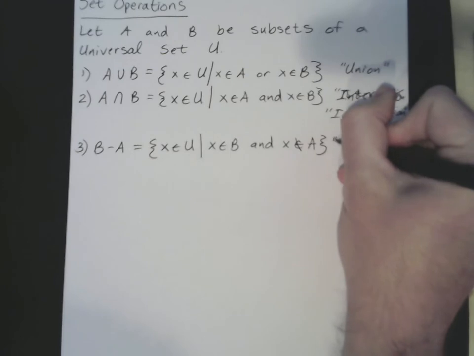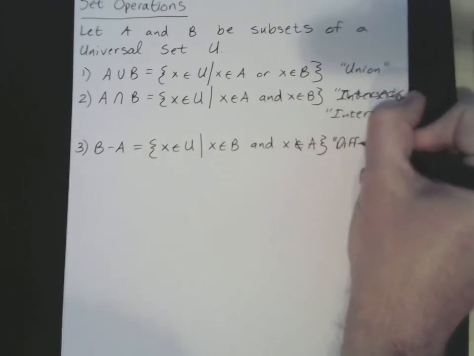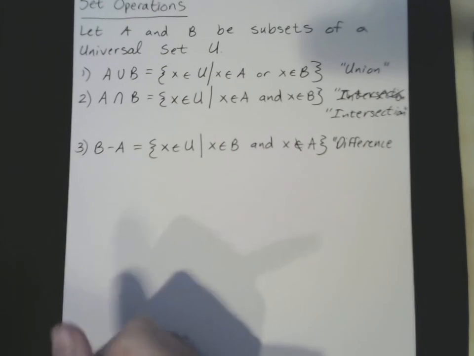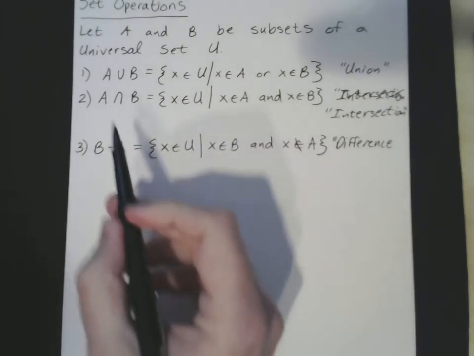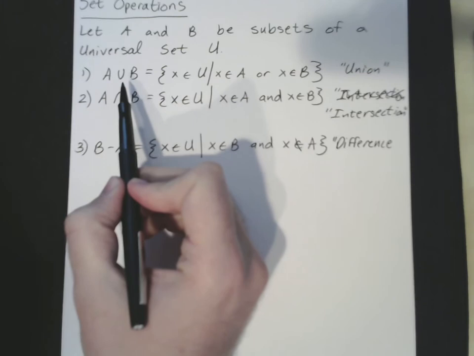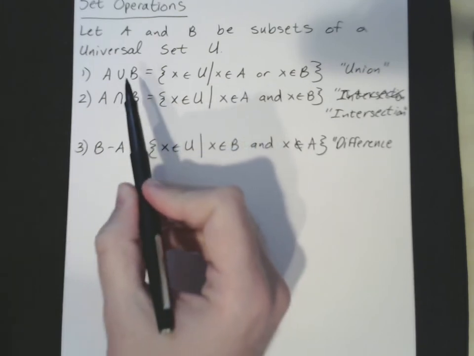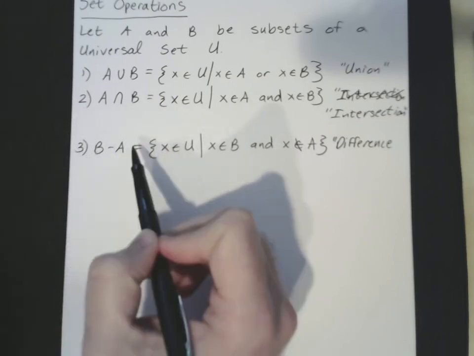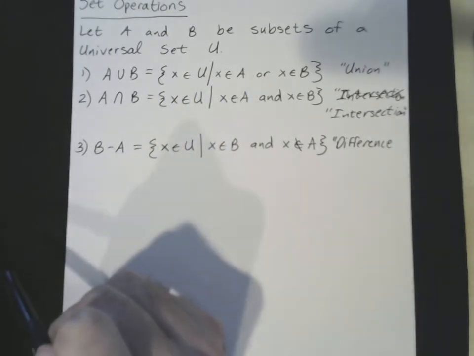So this is our difference. Notice that B plus A is really just the union because it's the set that B plus A would be, things in B or things in A all put together. And that's exactly what the union is.